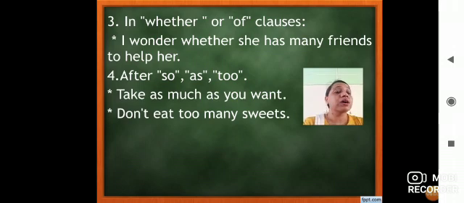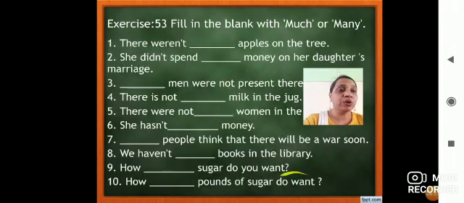Next, we use much or many whenever there is so, as and too in the sentence. Example, take as much as you want. Don't eat too many sweets. Am I clear? So with them you will use much and many. In what condition? Now it is clear to you.